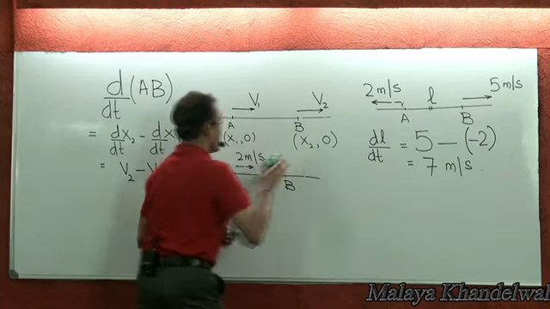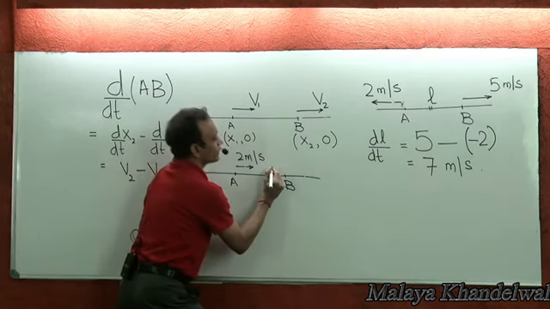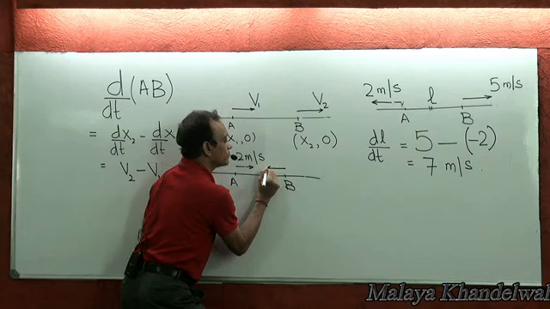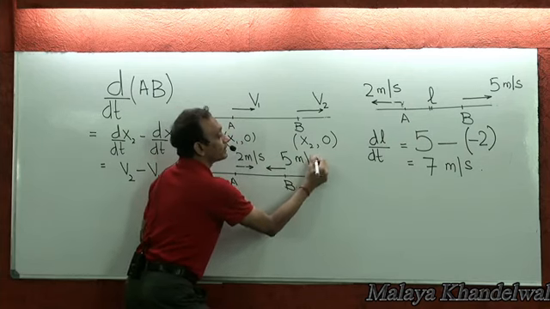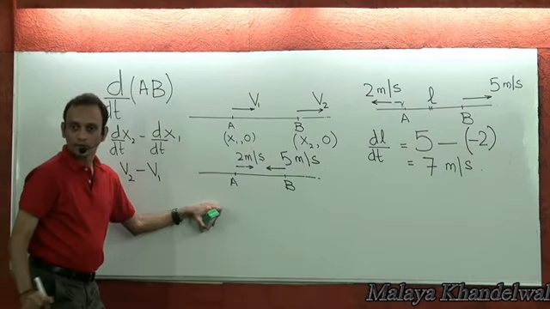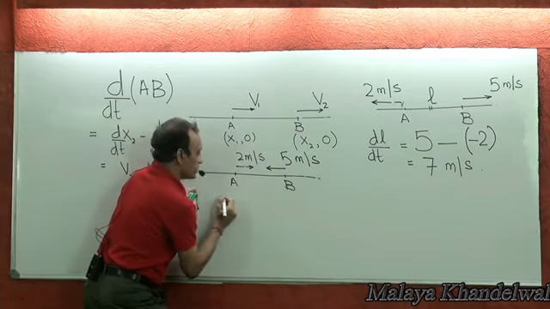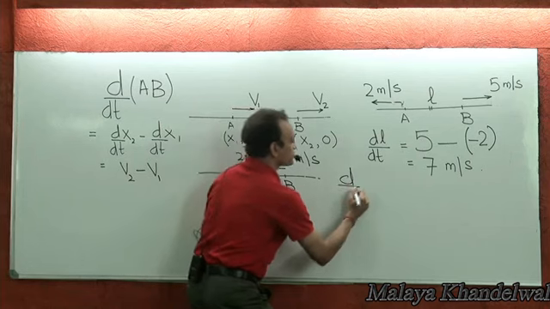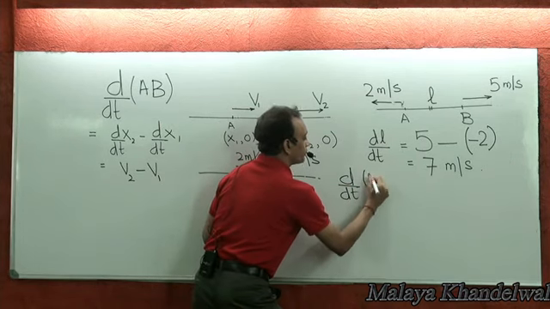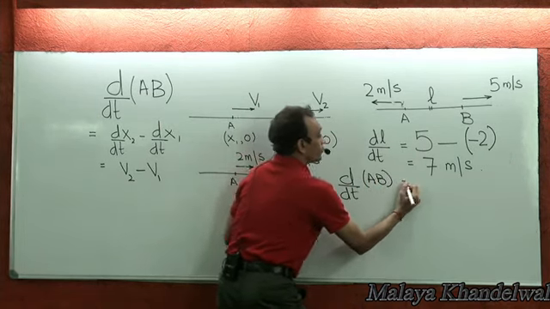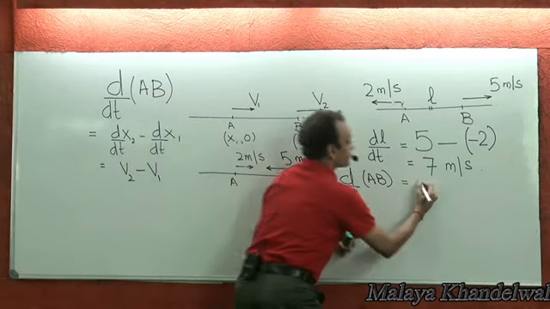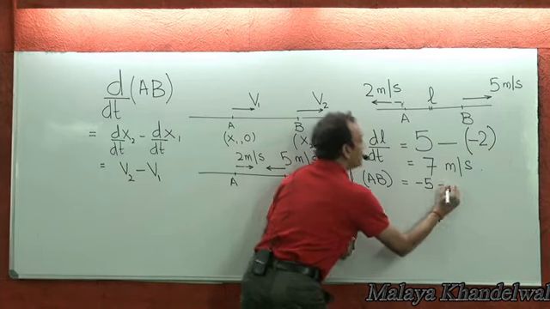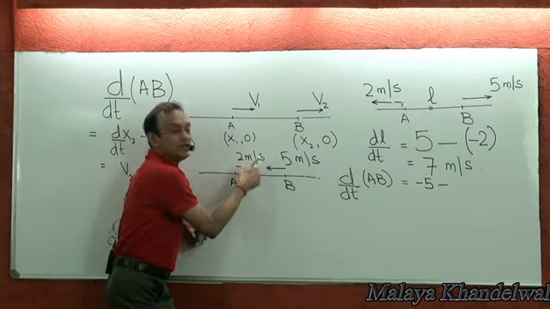say, look at this case, I revise this case. Say, B has a velocity 5 meters per second leftwards, right? Now, rate of change of AB with time in this case is going to be velocity of B along AB, which is minus 5, minus velocity of A along AB, which is 2.